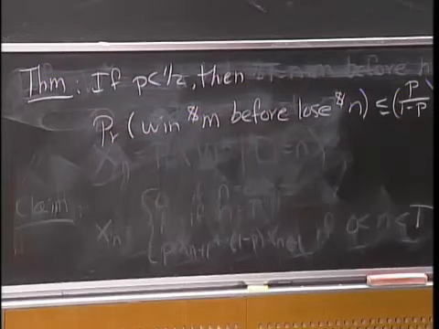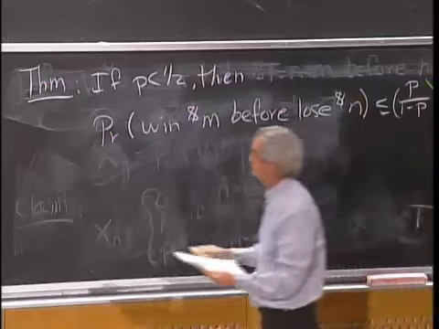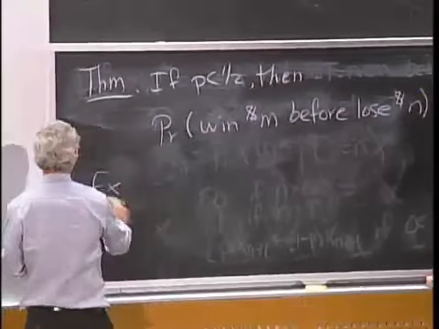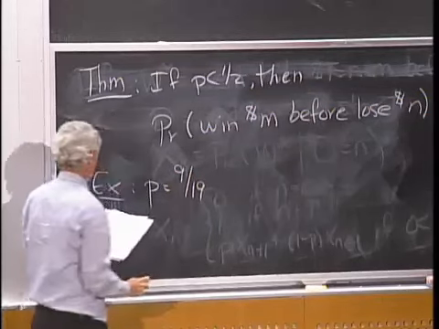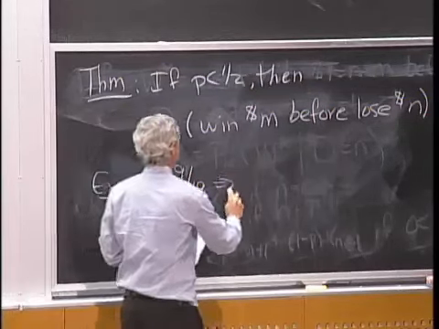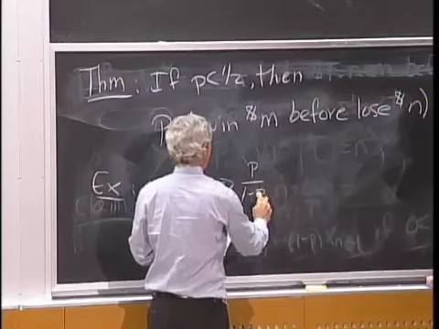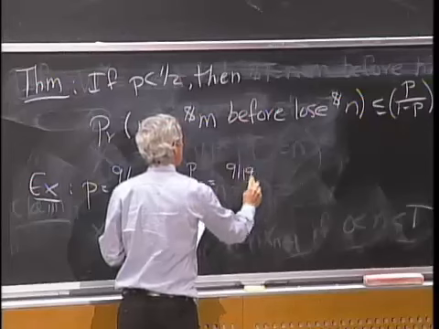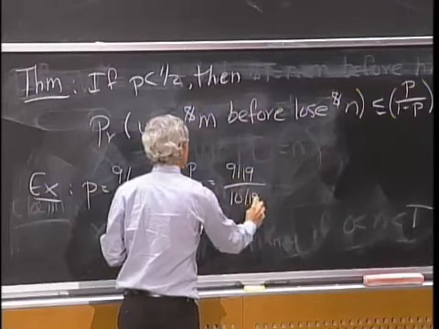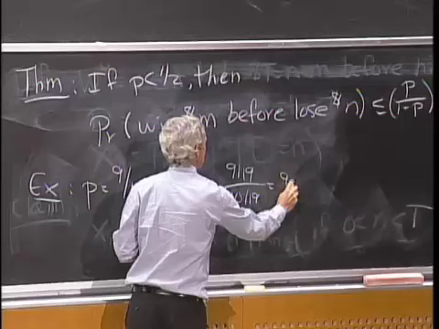And so now you can plug in values. For example, for roulette, p equals 9/19, which means that p over (1 minus p) is 9/19 over 10/19, which is just 9/10.